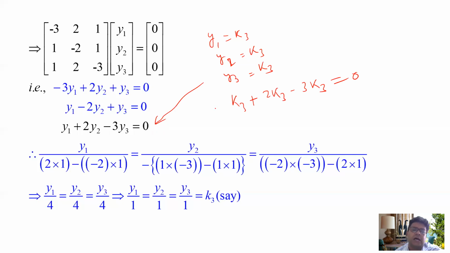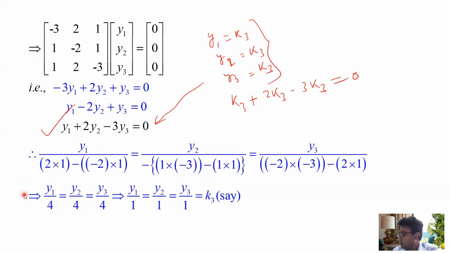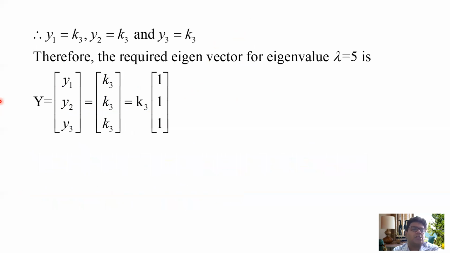So from here it is clear this value satisfies this relation also. So from here it is clear y1 is equal to k3, y2 is equal to k3 and y3 is equal to k3. Therefore the required eigenvector for eigenvalue lambda equal to 5 is y equal to y1, y2, y3, that is k3 times 1, 1 and 1.